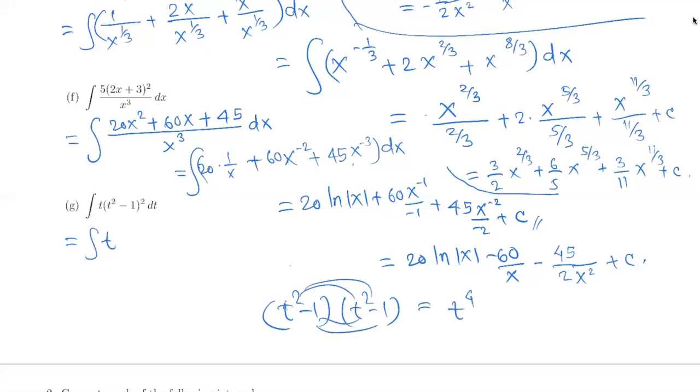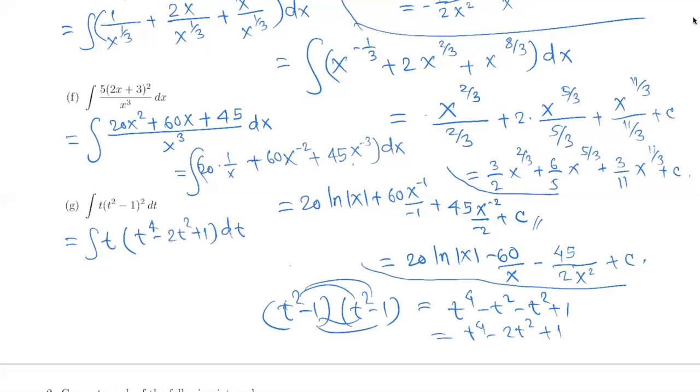That is t to the fourth minus t squared minus t squared plus 1. That is t to the fourth minus 2t squared plus 1. Okay, then t times t to the fourth minus 2t squared plus 1 dt. We cannot integrate yet because we still have a product.